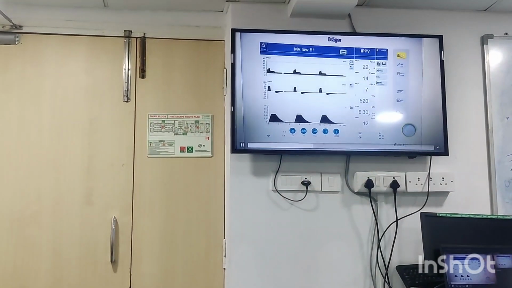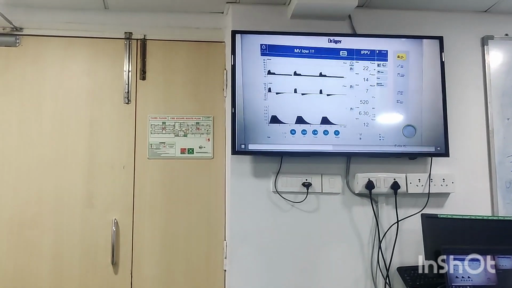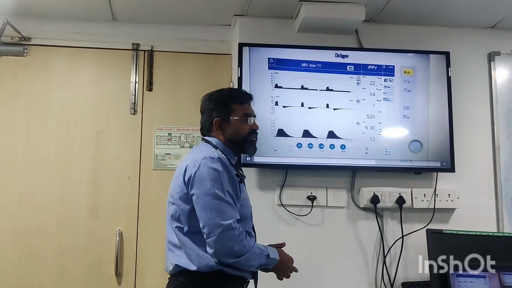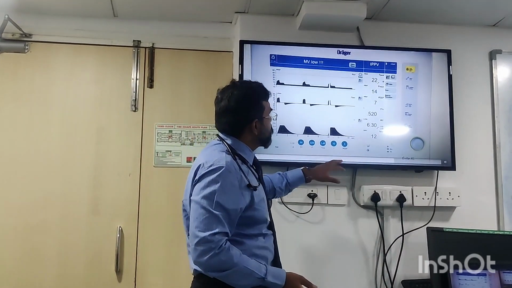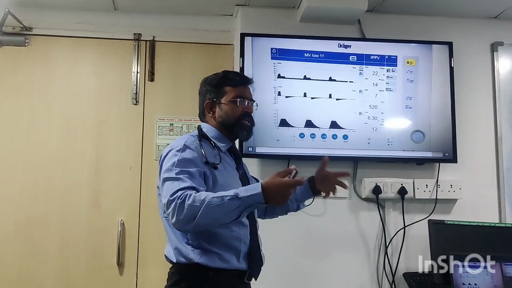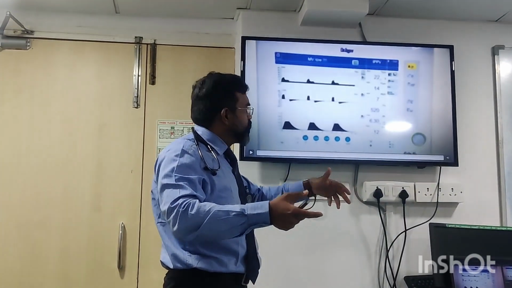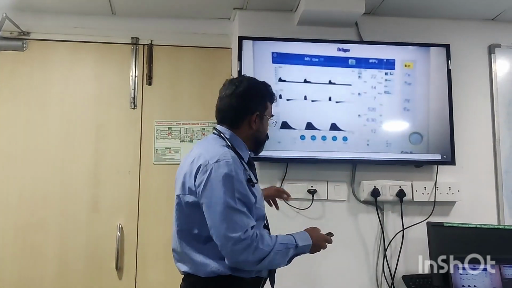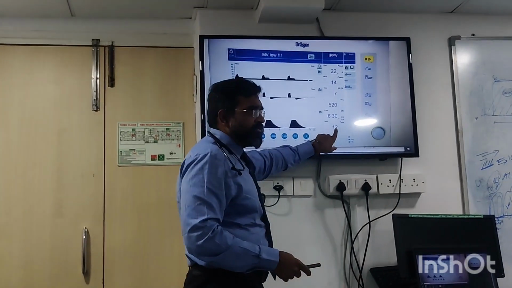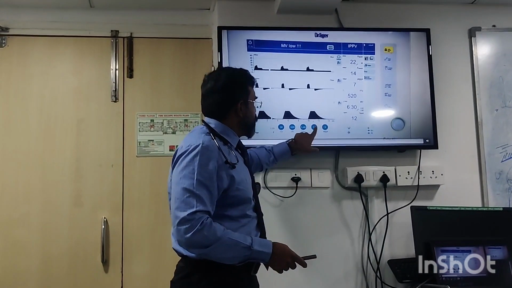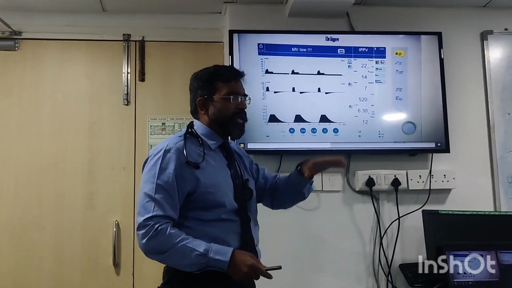So this is complete control. Whatever the control mode, I cannot see it on the waveform and understand this, but how can I make a judgment, is this control mode, yes or no? If the patient doesn't trigger, it is controlled. Let's go back to this. Your frequency is 12, total frequency, F total is 12. You have set 12. That means the patient is most probably not triggering any breath.